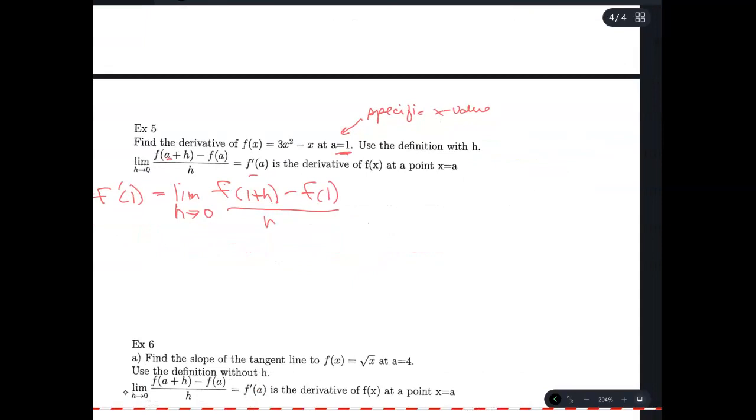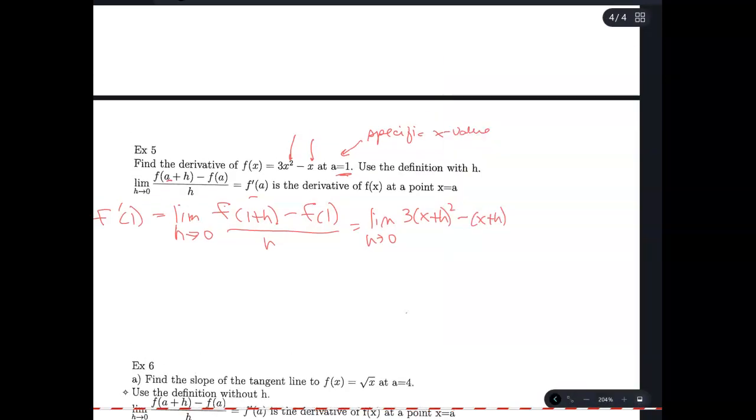So now I'm going to use the function. Remember, you have to carry the limit along every single time. So I'm going to put x plus h in for each x. So 3 times x plus h squared minus, I'm sure you put the parentheses, x plus h. Oops, I did put x's instead of 1's.